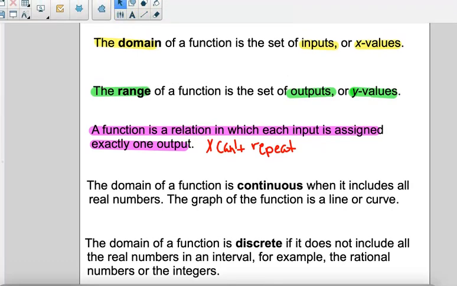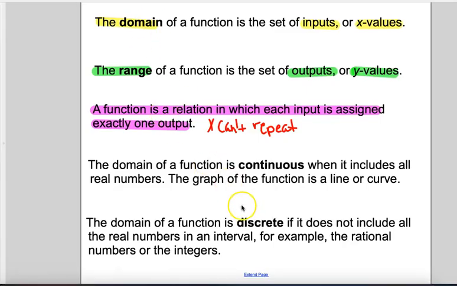And then a discrete is if it doesn't include all of those fractional pieces. So if it's including just whole number things, then it would be considered a discrete function. If you can think about filling up a car with gas, that would be continuous because you can fill up a car with half a gallon or a quarter of a gallon or 0.1 of a gallon of gas.